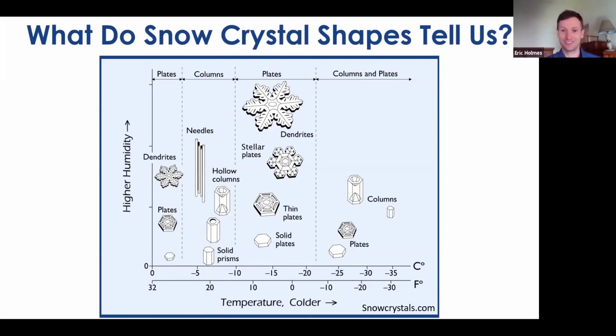When a snow crystal begins to form, it takes a very unique path through that cloud and encounters unique amounts of temperature and moisture, and that creates lots of different types of snow crystal shapes. This graph, a morphology chart of snow crystals, helps parse out where we typically see the most common types of snow crystals.